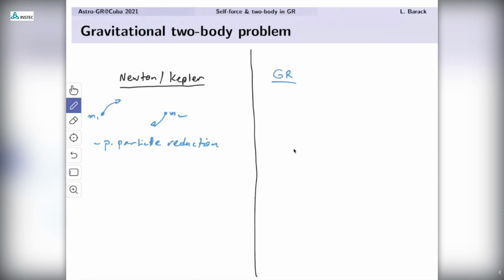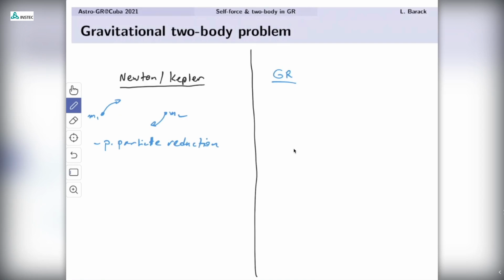But even then, point particle reduction provides you with a good zeroth order approximation upon which you can base a perturbation scheme, and you can include the corrections order by order in some small parameter. And that makes perfect sense in Newton theory.